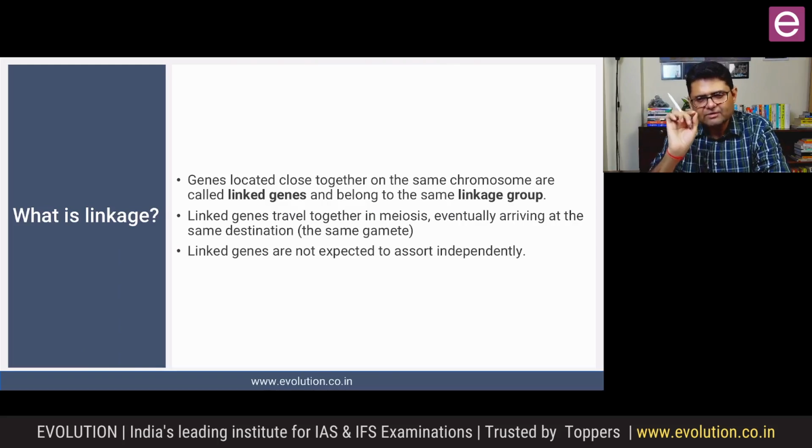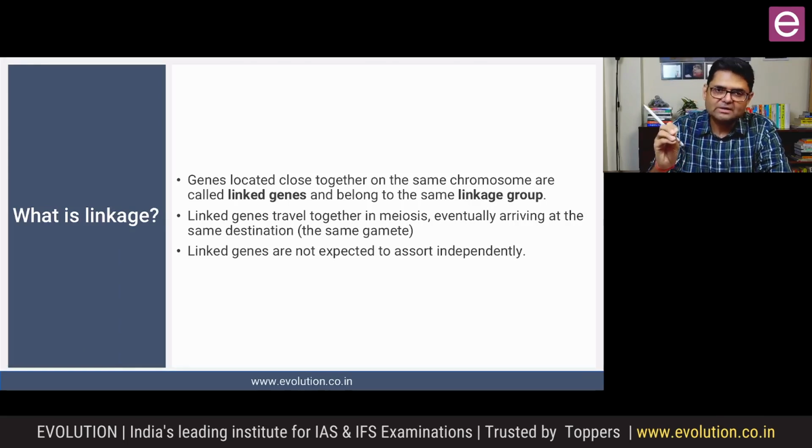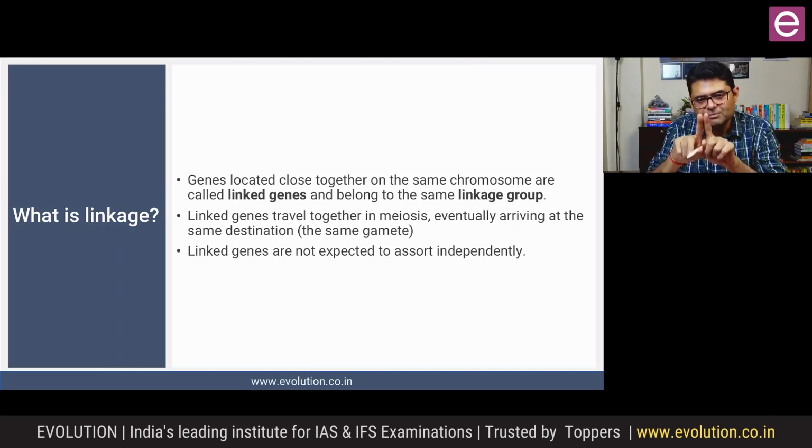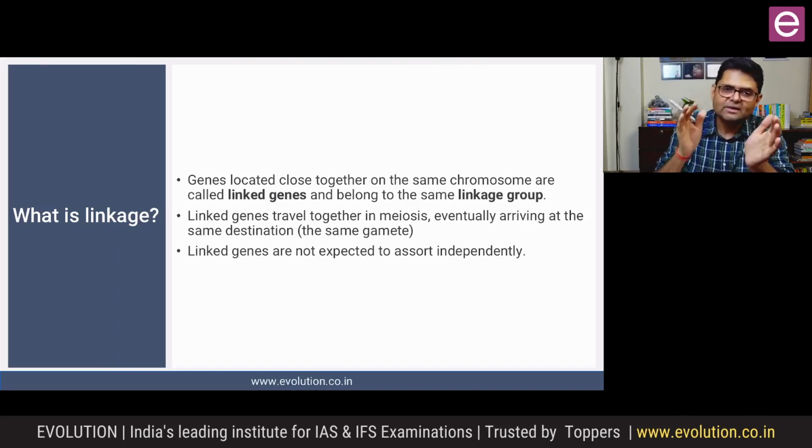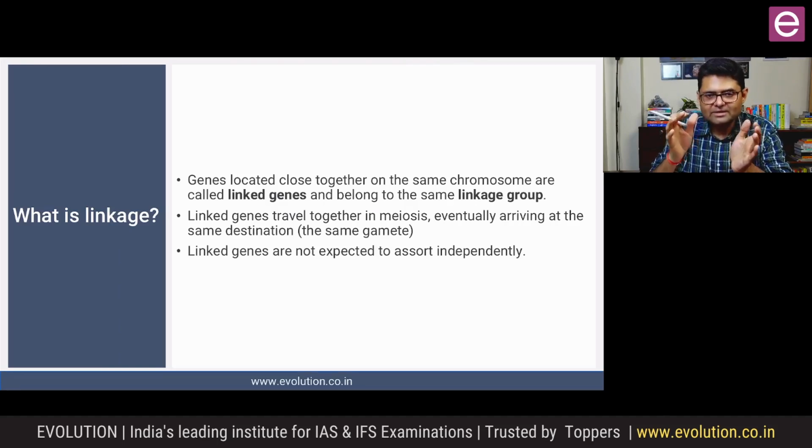And since they arrive in the same gamete, in the offsprings also the parental combination will be predominant. They do not assort independently in a Mendelian fashion. Even if crossing over sometimes breaks the linked genes, yet the Mendelian ratio is never touched. Mendelian ratio is possible only when the two genes that you are studying are located on separate chromosomes.